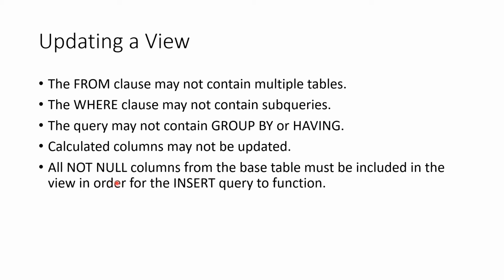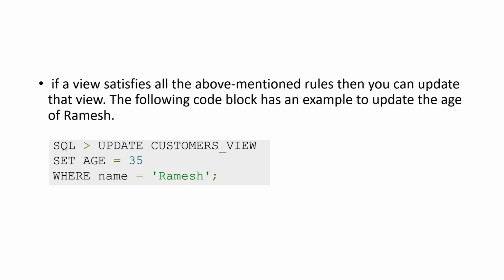All not null columns from the base table must be included in the view in order for the insert query to function. If a view satisfies all the above mentioned rules, then you can update that view. The following code block has an example.